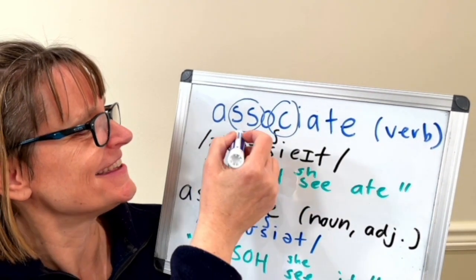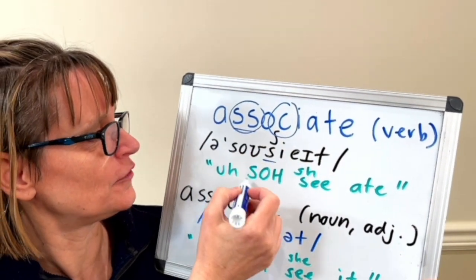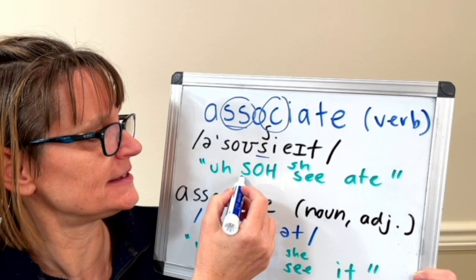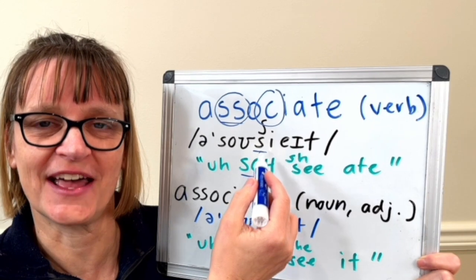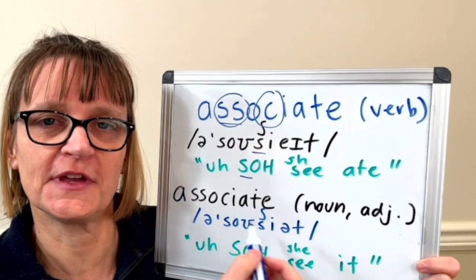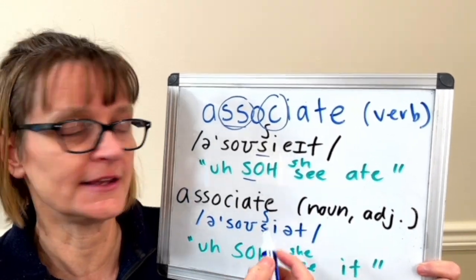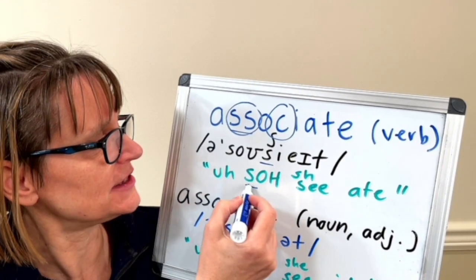This C. This is going to be an S sound here. Double S is always going to be an S sound, but the letter C could be an SH sound or an S sound. So if I use the S sound, associate, what I have is second syllable stress.